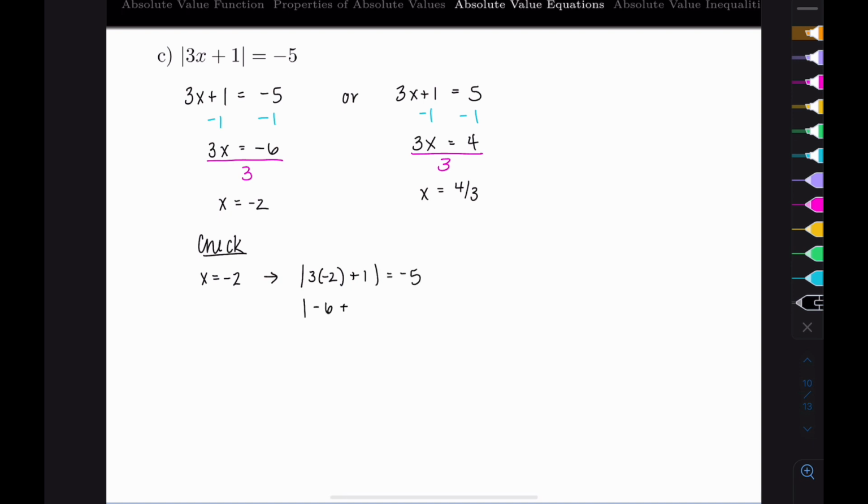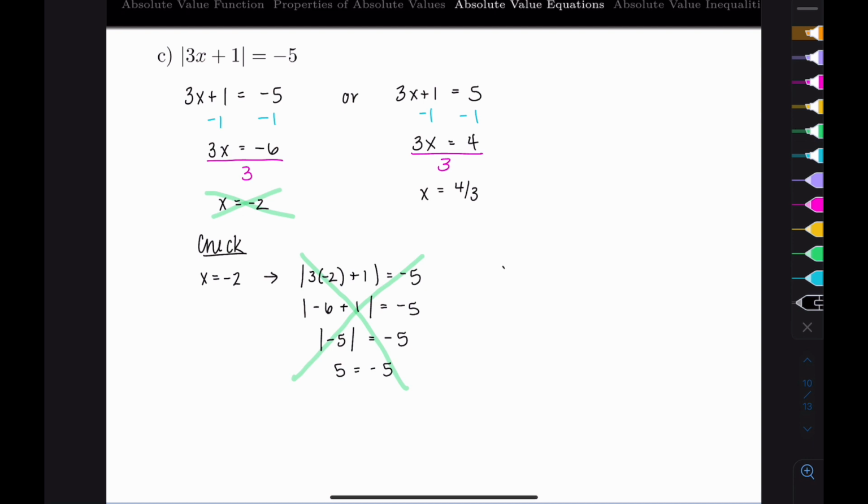That's the absolute value of -6 plus 1 is -5. And this tells us the absolute value of -5 is -5. And unfortunately, that is not a true statement. The absolute value of -5 is +5. So I actually end up with a solution that doesn't work, okay?